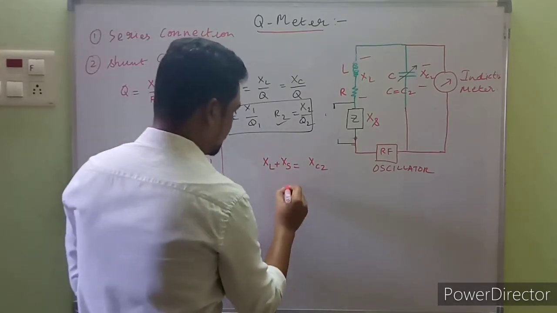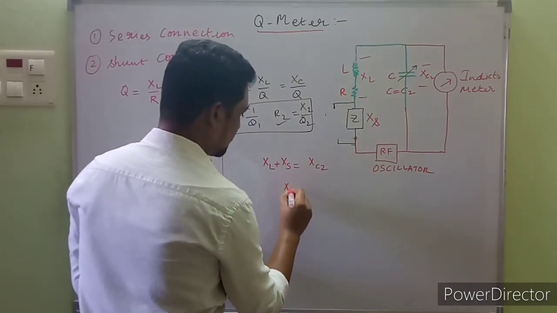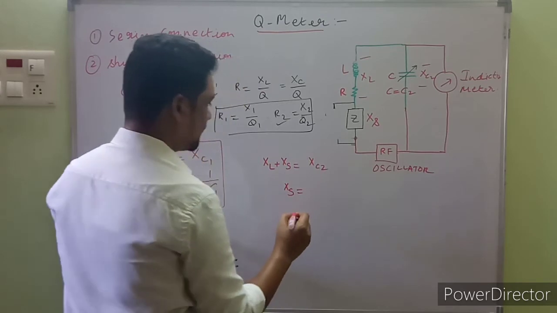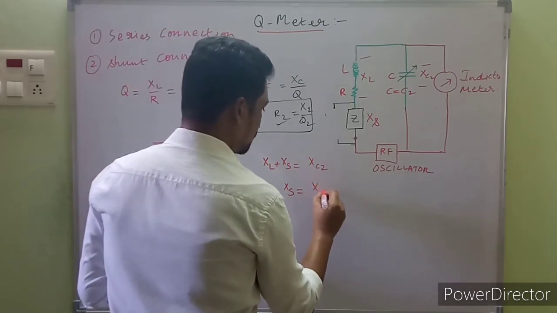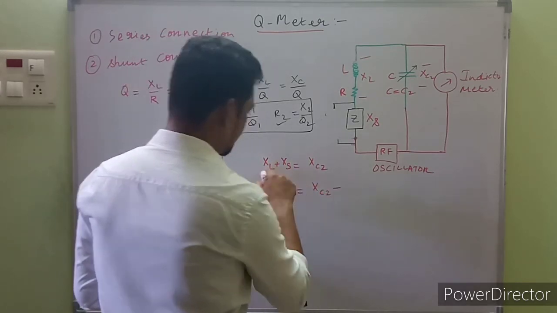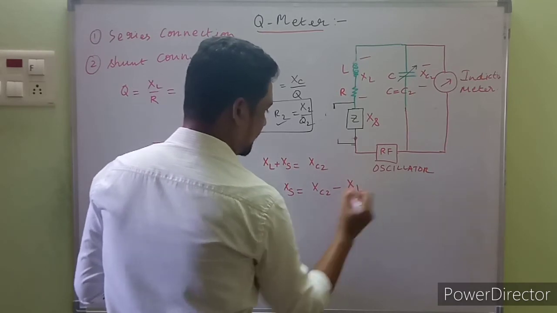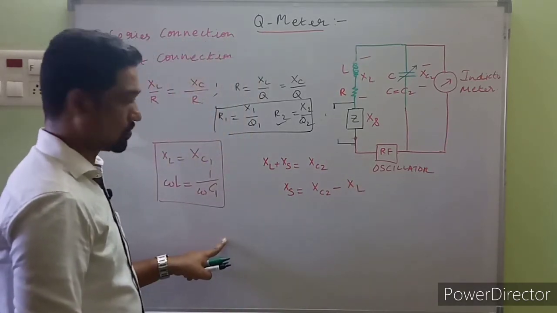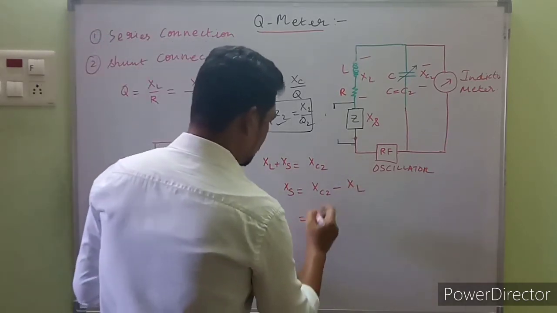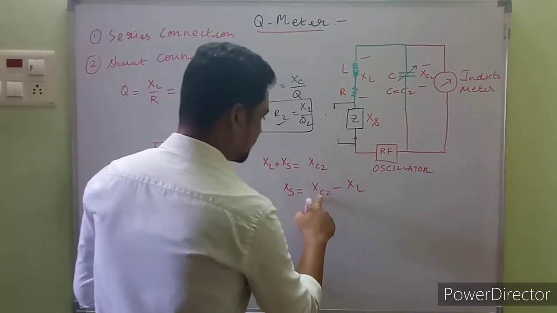And from this, XS, the unknown impedance, will be equal to XC2 minus XL, right? So hope you understand this one. What is XC2? It's a capacitive reactance.